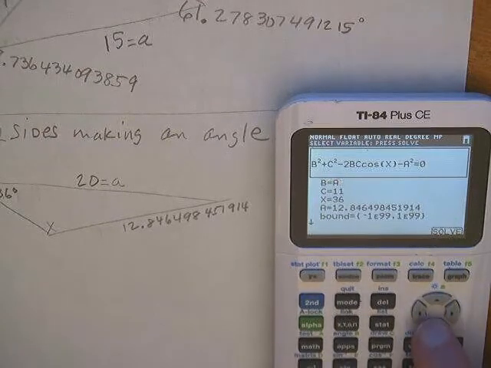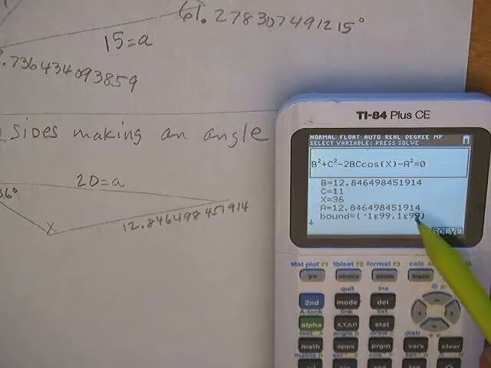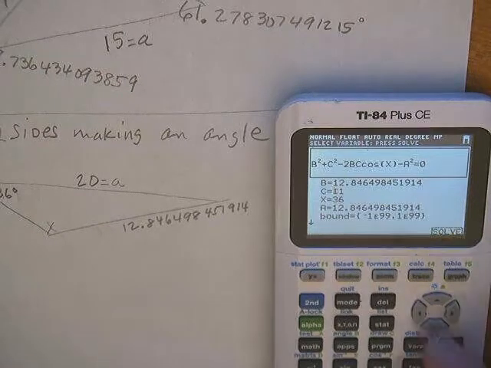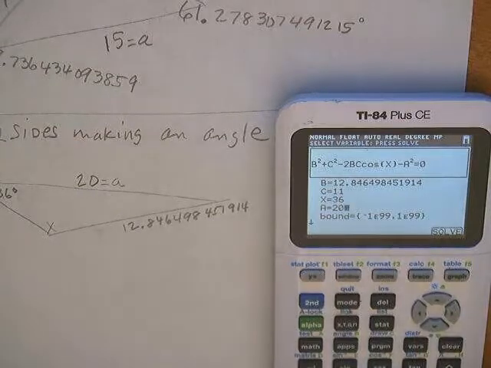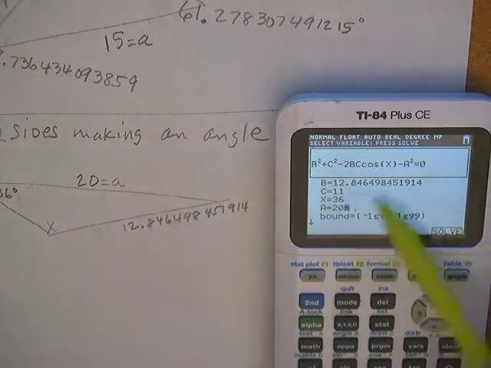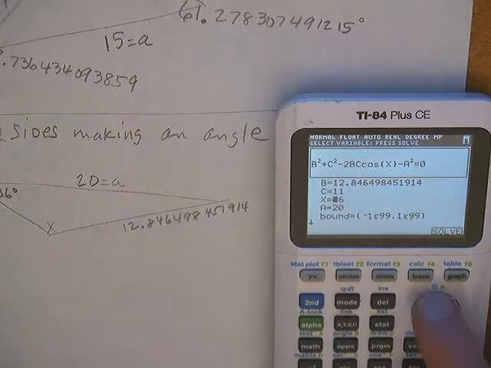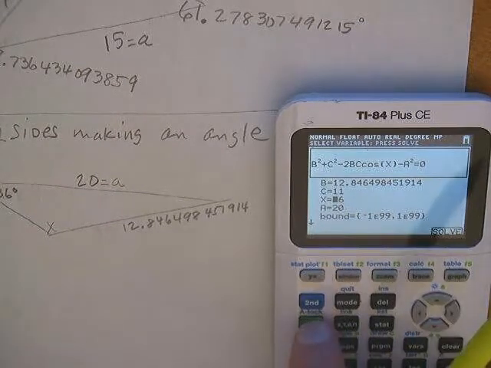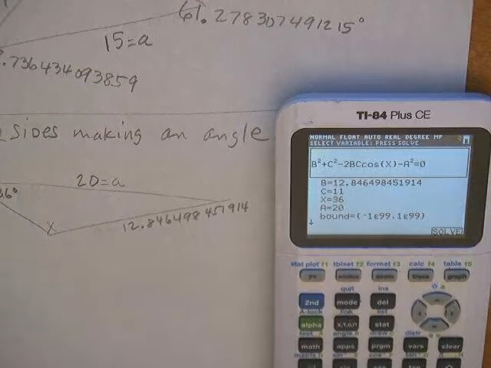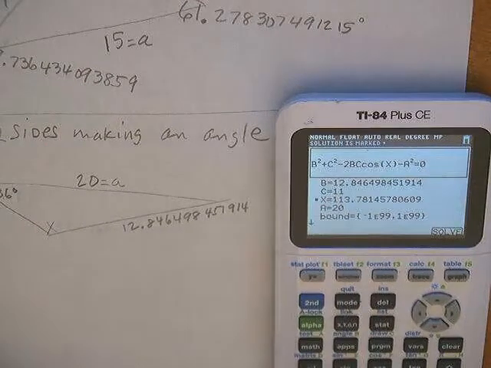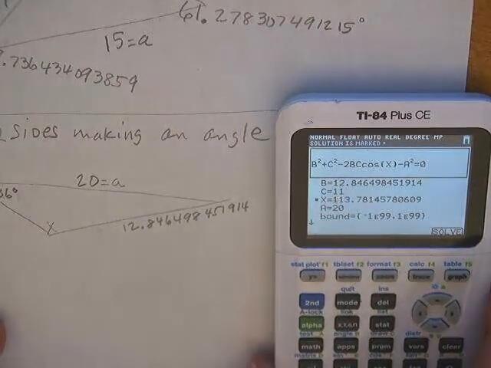When I down arrow, look what happens. It moved this over there. The 20 and the 12 switch places. Go to x, because we want angle x, alpha, enter, and there's the angle.